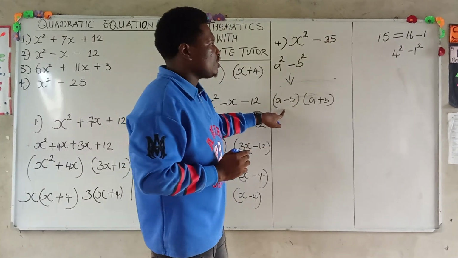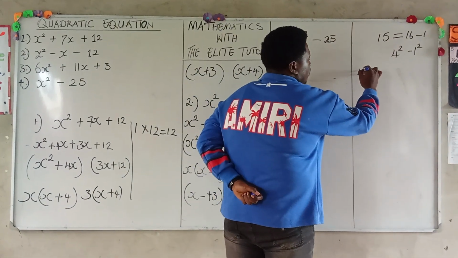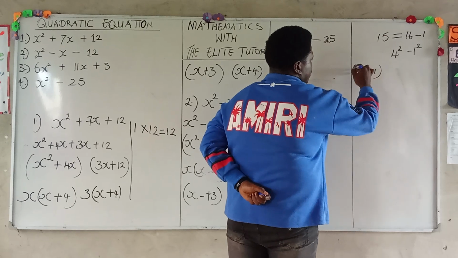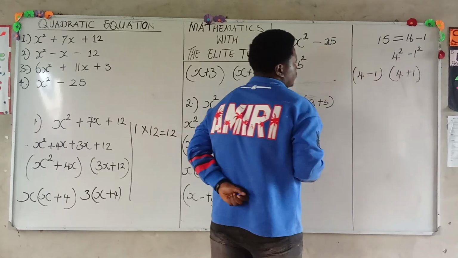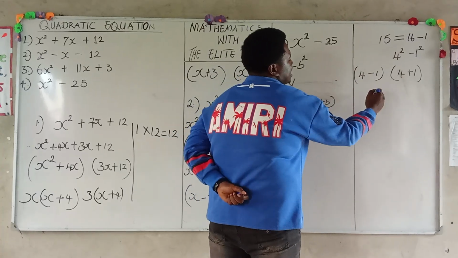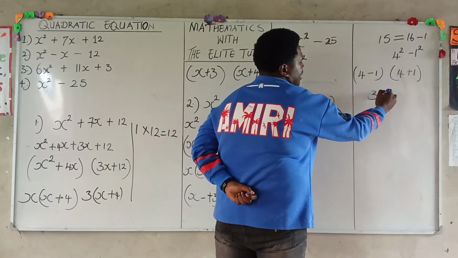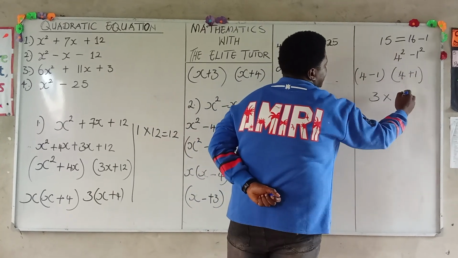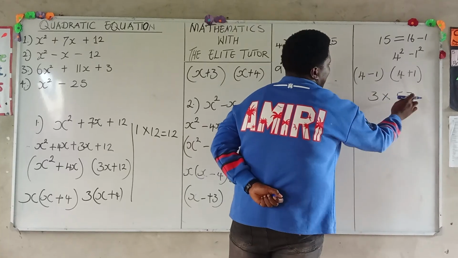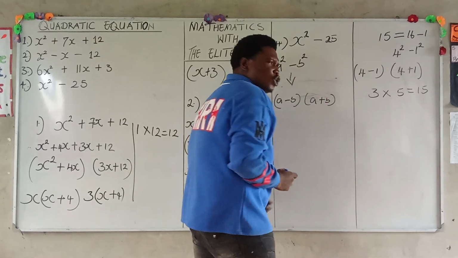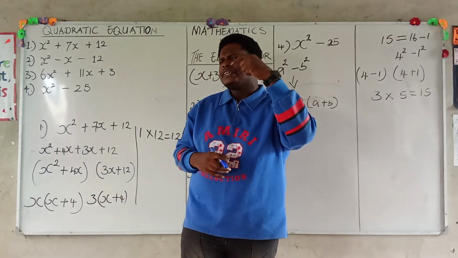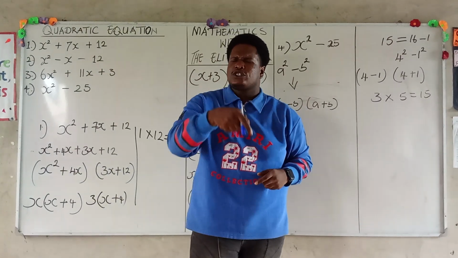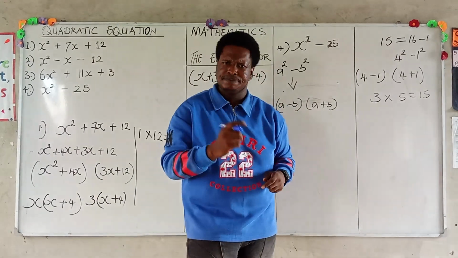Using our law of difference of 2 squared, this is 4 minus 1, and 4 plus 1. 4 minus 1 gives us 3. Don't forget you have a multiplication here. And then 4 plus 1 gives us 5. 3 times 5 is 15. So you can see that a number must not be a perfect square for it to be expressed using difference of 2 squared. Are you getting what I'm saying?